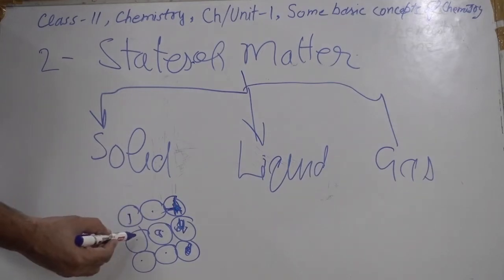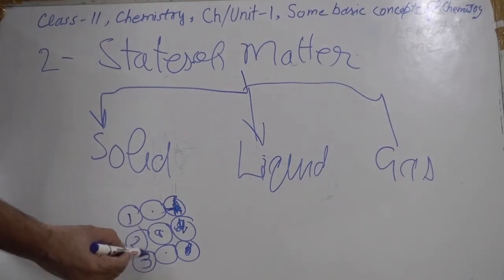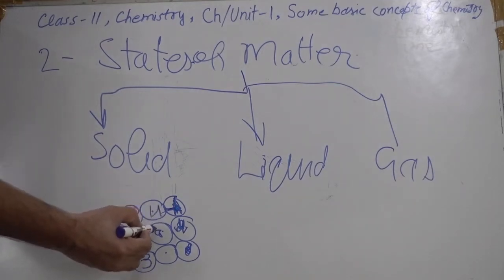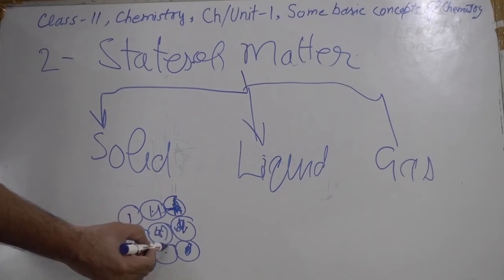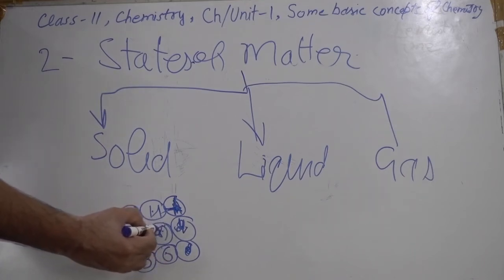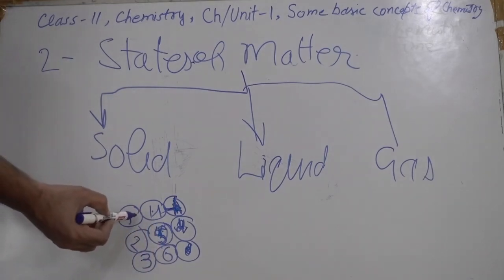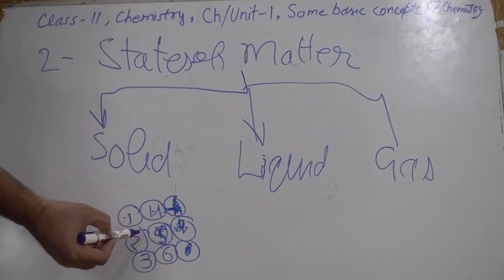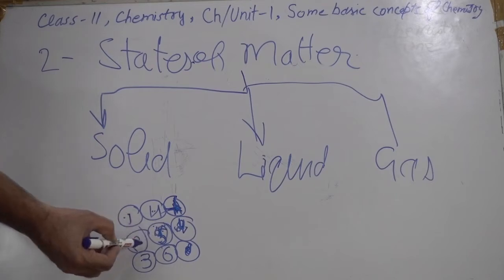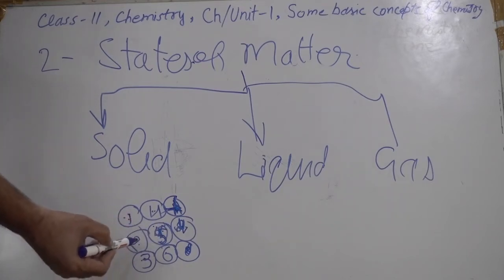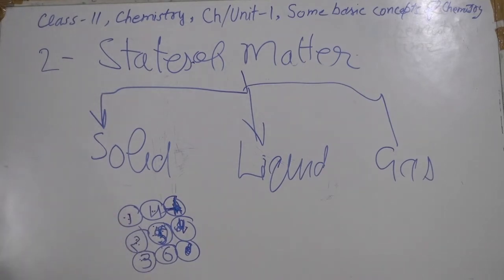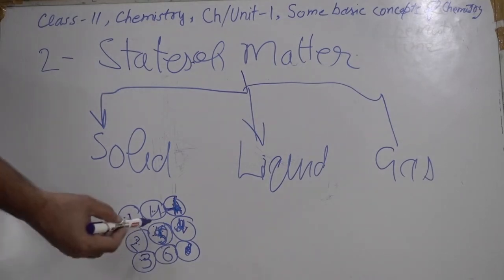Means this 1, 2, 3, 4, 5, 6. One is surrounded by 4, 2 and 5. 2 is surrounded by 1, 5 and 3. And relative position remains the same if it is a true solid.